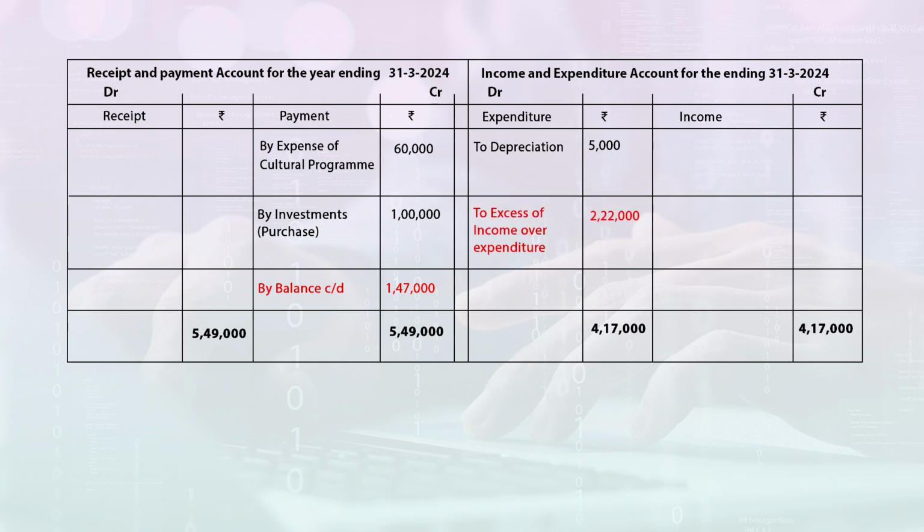Remember that receipt and payment account is a real account and any remaining balance is transferred to the balance sheet. On the other hand, income and expenditure account is a nominal account. So, it is closed and the net result is transferred to the capital fund in the balance sheet.